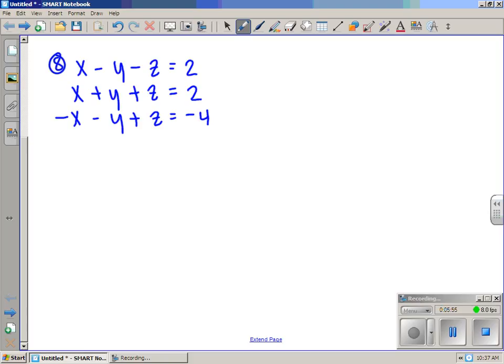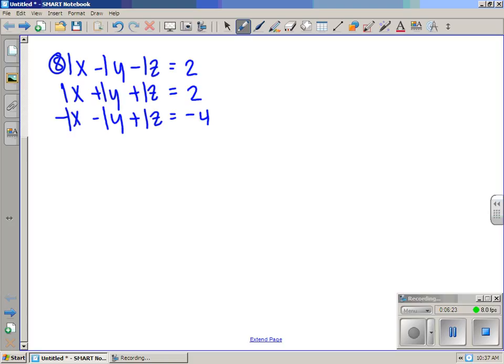I recommend that you go back through and any variable that doesn't have a coefficient in front of it, put that there. So this would be a 1x, a negative 1y, a negative 1z, 1x, 1y, 1z, negative 1, negative 1, positive 1. Especially if you make your 2's and your z's look alike like I do. I put a line through the z to kind of keep them straight.